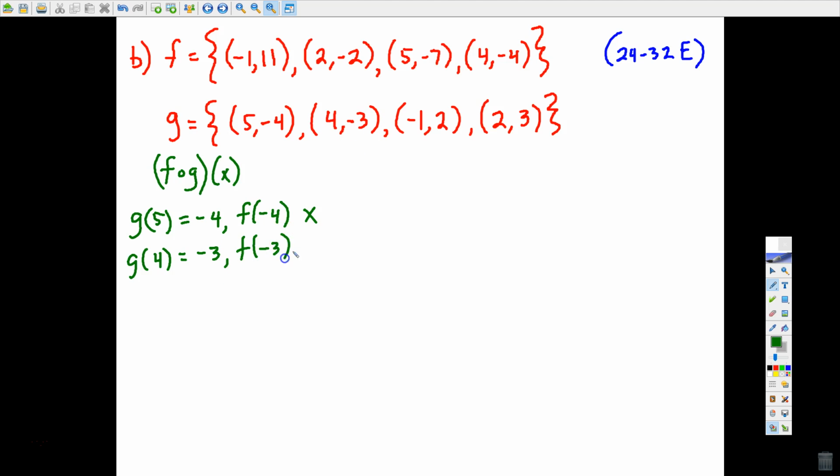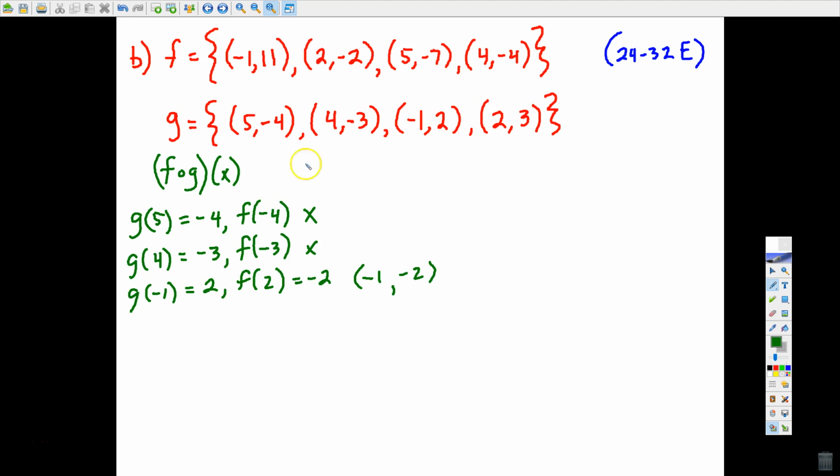Now let's input -3, and that doesn't exist in the f function. All right, so g of -1 gives me an output of 2. So now 2 becomes the input for the f function, and there is an input of 2 in the f function, and it gives an output of -2. So the composed function results in this ordered pair. Original input, -1, final output, -2.